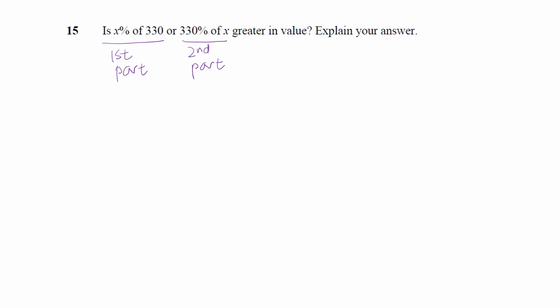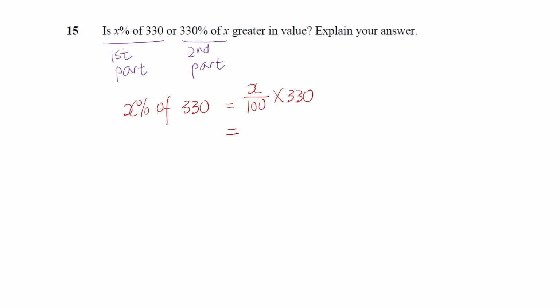All right, so not to worry, we'll do it part by part. Let's work out the first part. X% of 330, we're going to convert it to a number, which is X over 100 times 330.